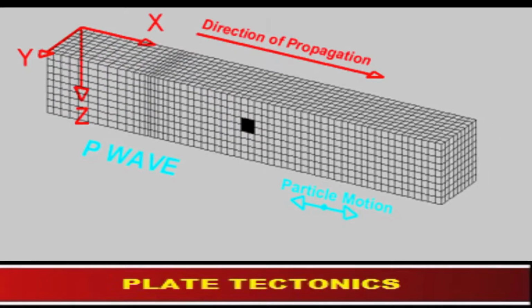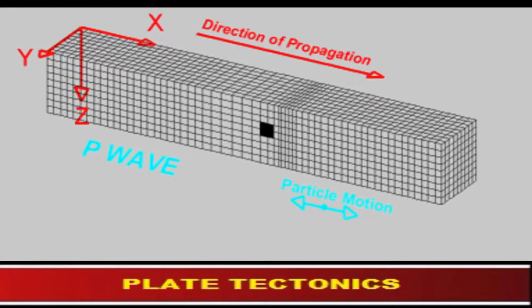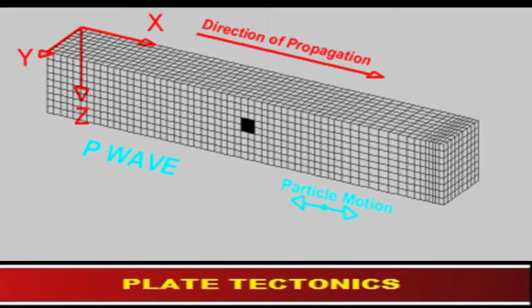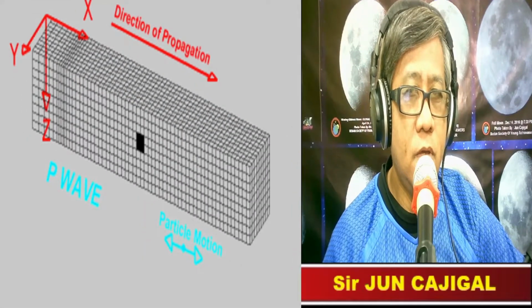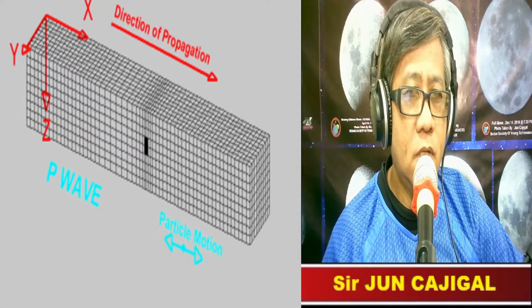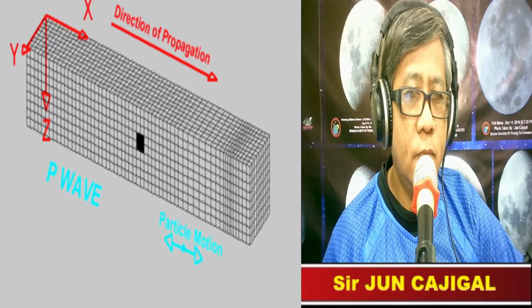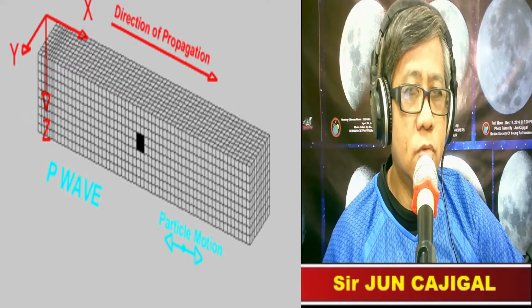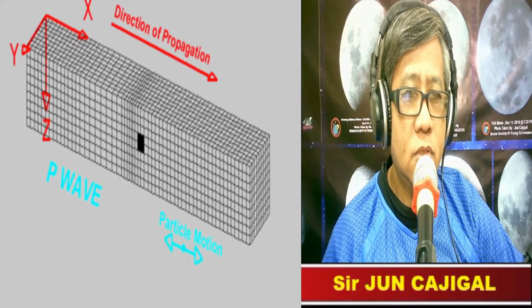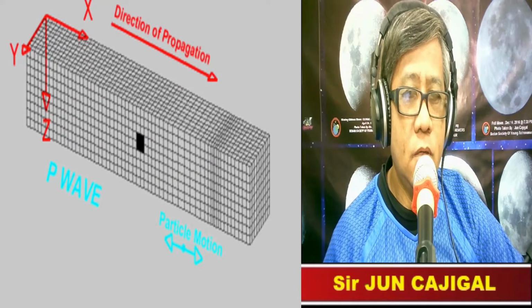This type of wave is known as a compressional wave. That's the major characteristic of a P wave. A P wave is actually a compressional wave that pulls and pushes the rocks as it moves through them. So that's the P wave.